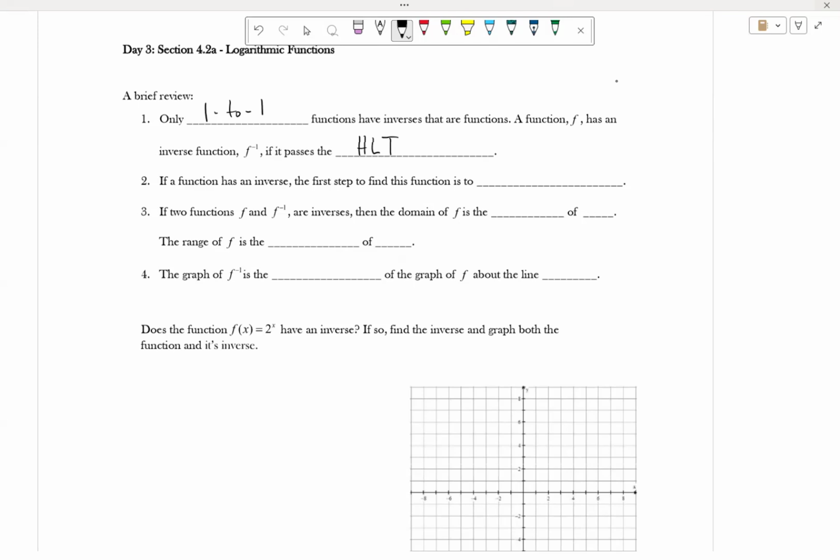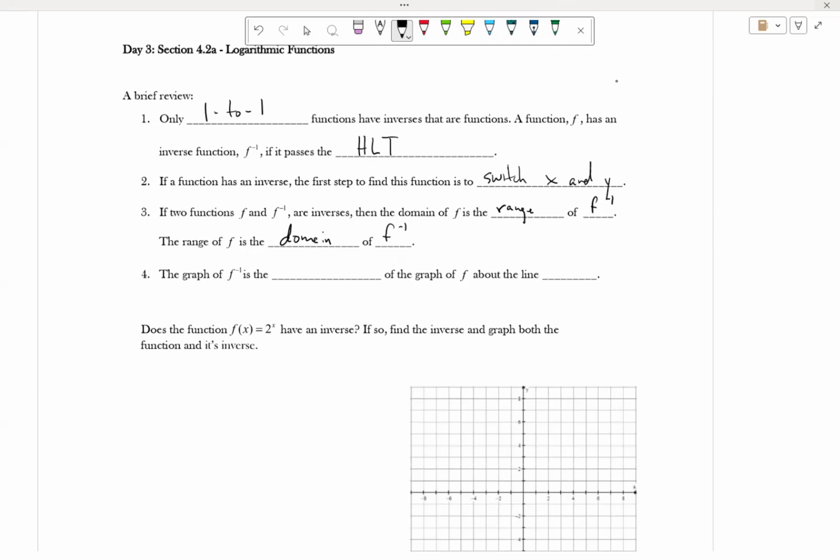The first step to find the inverse function is to switch x and y. If two functions are inverses, then the domain of f is the range of f inverse, and the range of f is the domain of f inverse. That's just switching the x's and y's.